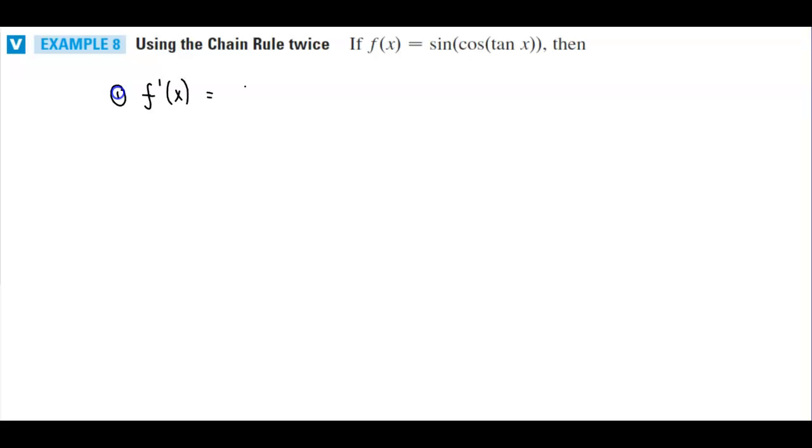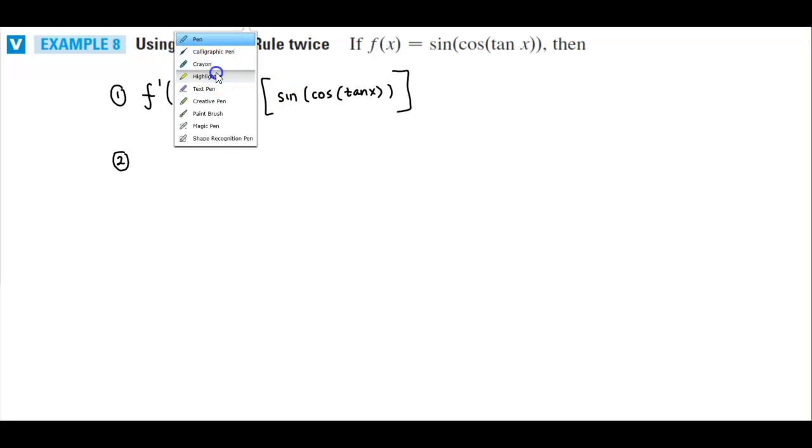Now f prime of x is taking the derivative with respect to x of this function, sine times cosine times tangent of x. So when we take the derivative of this function, we're going to take the derivative of the outside first.